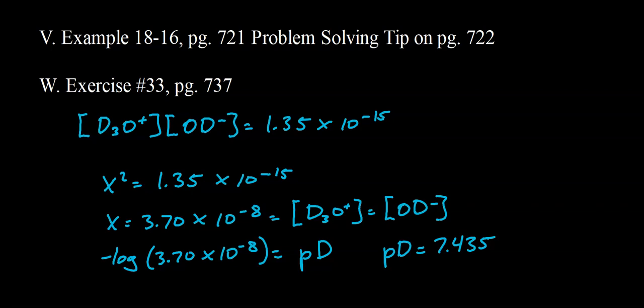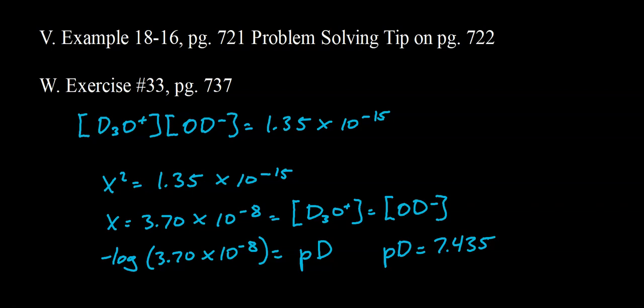So we get X squared equals our Kw. Solve for X. And then not only is that the concentrations of D3O plus and OD minus, we can use those to find the PD, which is like pH. So negative log of D3O plus concentration will give us our PD, which is 7.435.